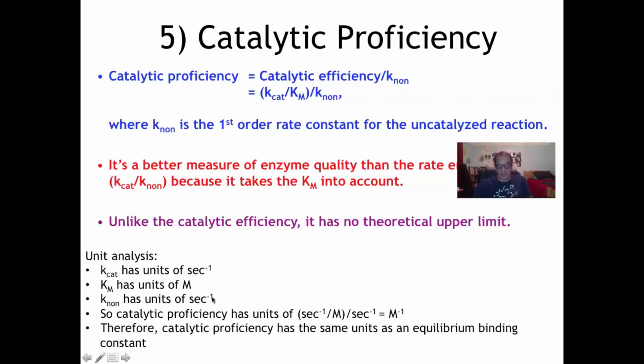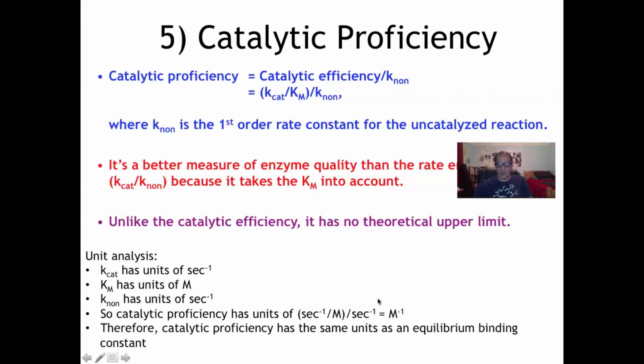K-non is usually a first order rate constant, so it also has units of seconds^-1. So if we analyze the units of catalytic proficiency, we see that it has units of seconds^-1 divided by molar, all divided by seconds^-1. And if you simplify this, it comes out to molar^-1.